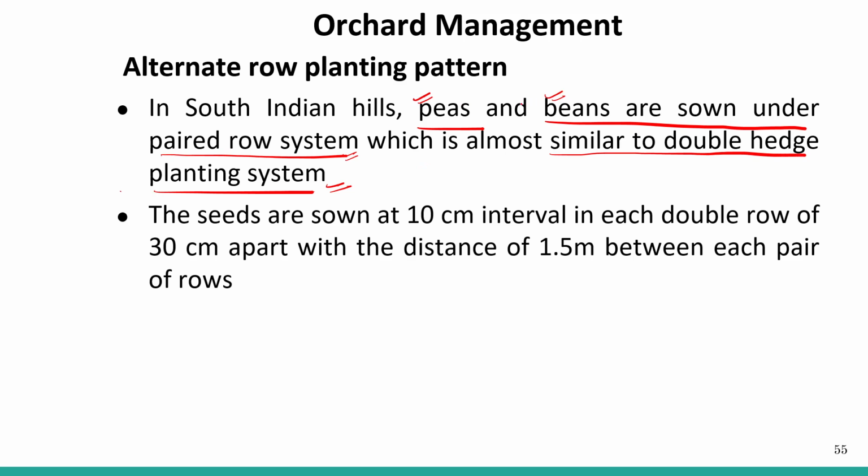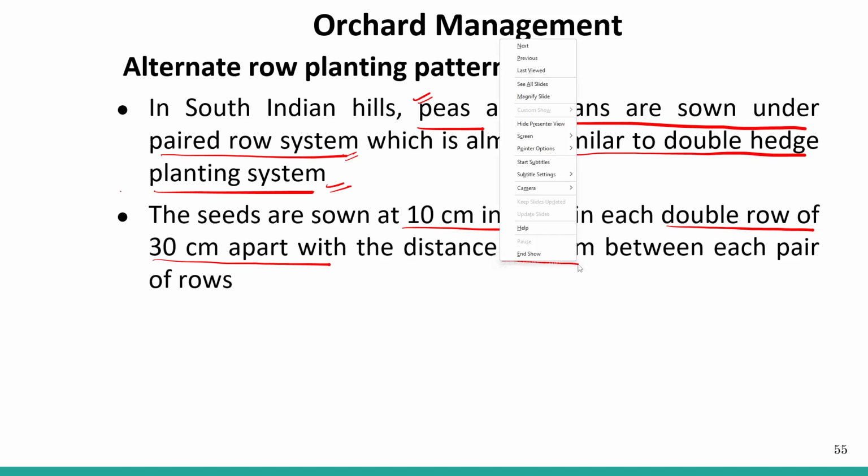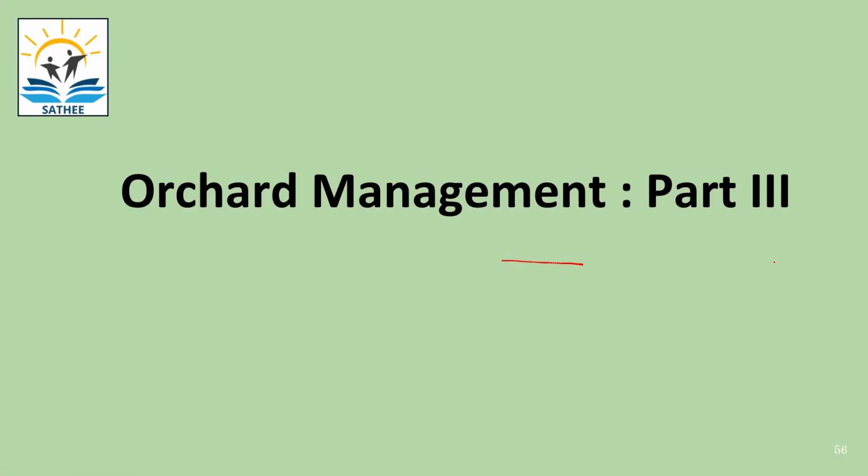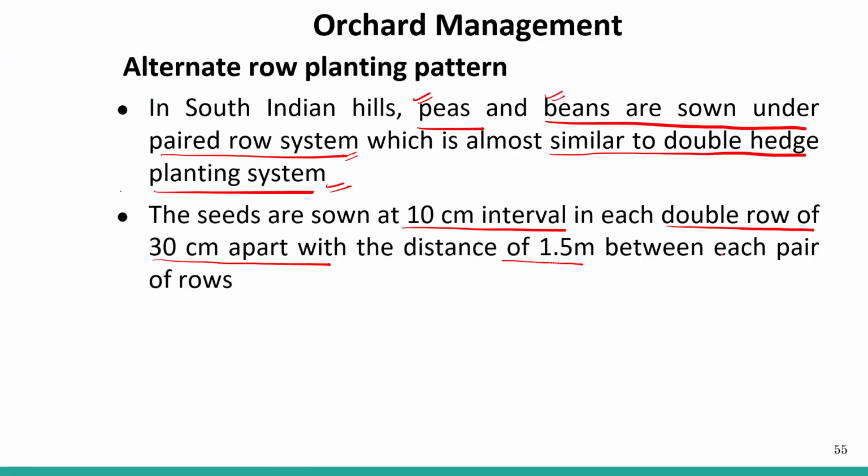The double hedge planting system is opted not only for growing tea, but also for peas and beans in South Indian hills. The seeds are sown at 10 centimeter intervals in each double row, 30 centimeters apart, with a distance of 1.5 meters between each pair of rows.